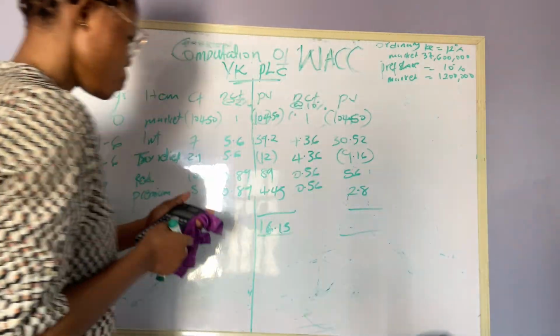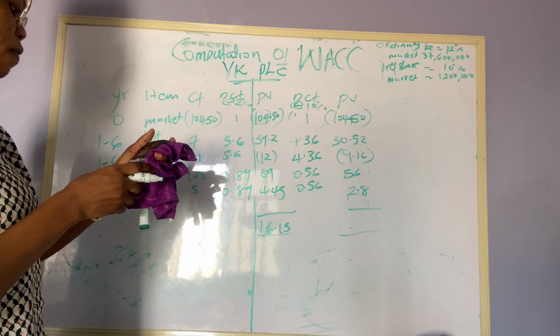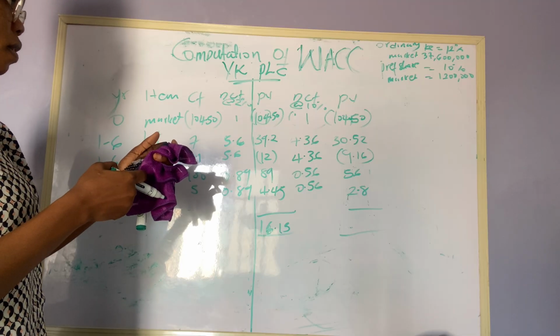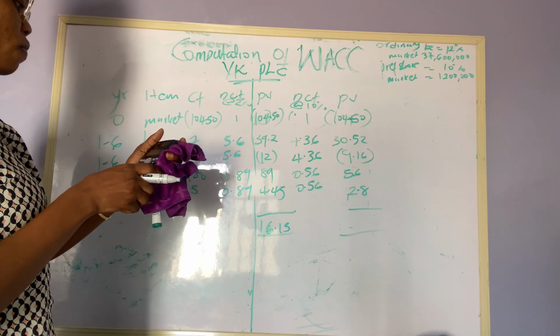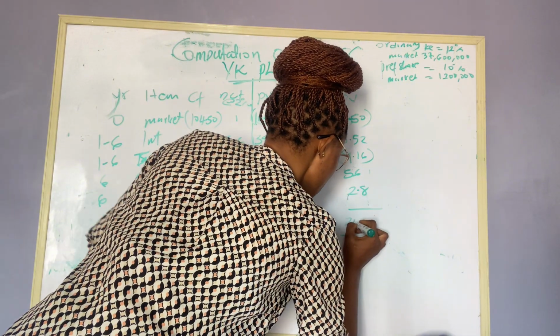Now plus 56 plus 30.52 minus 9.16, then minus 104.50. So this gives us a negative value.